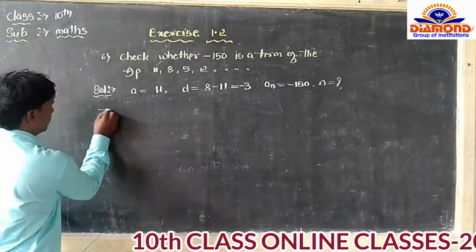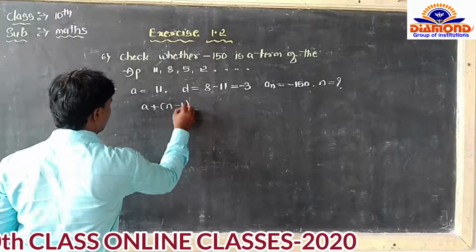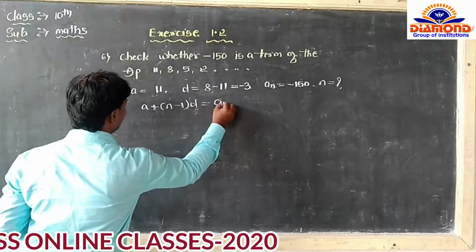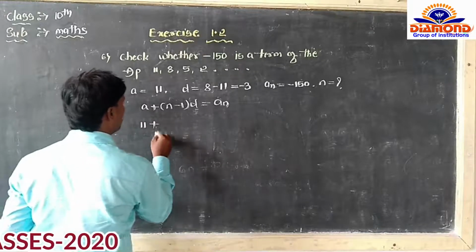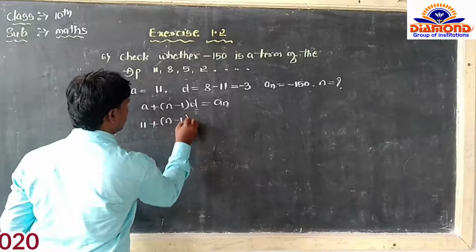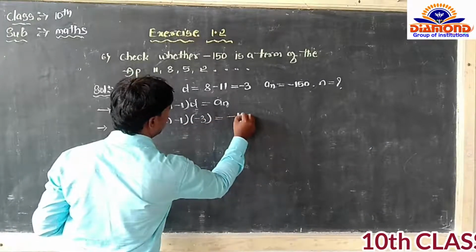Next question, dear students. Here a plus in the bracket n minus 1, bracket close, d is equal to an. Then here a value is 11, plus n minus 1, common difference is minus 3, equal to minus 150.